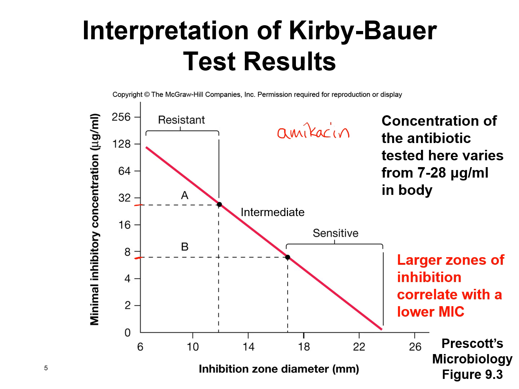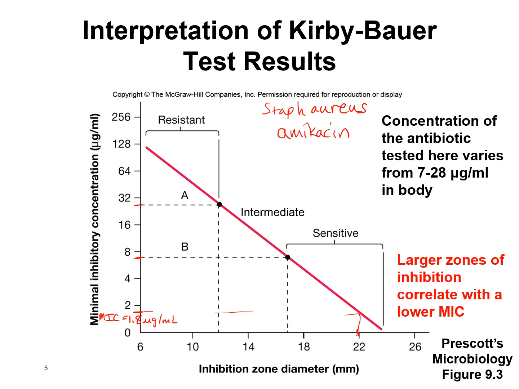And if we know that on our Kirby-Bauer disc diffusion test, we measured a zone of inhibition against, maybe this was Staph aureus we were looking at from our patient, and we got a zone of inhibition of 22 millimeters, if we go up here and then we come over, we can see that our MIC for amikacin would be about 1.8 micrograms per mil.